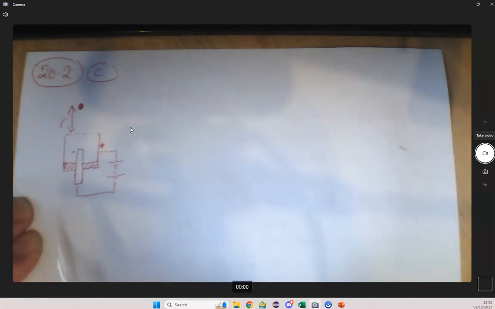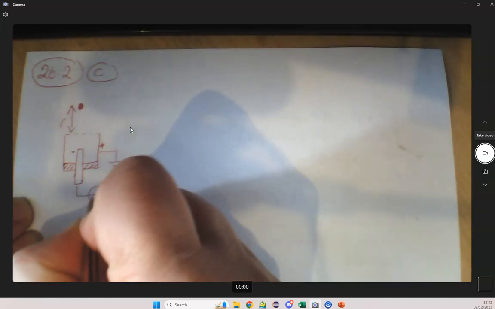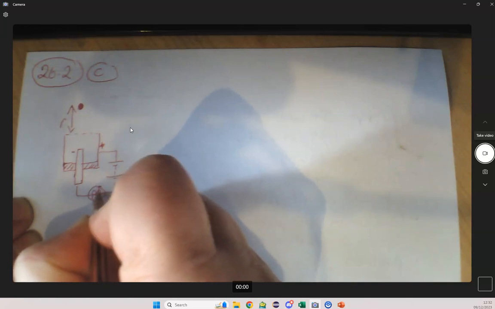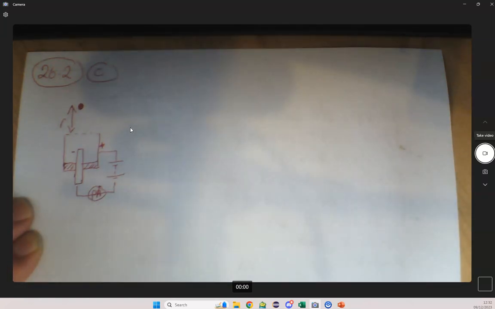And around from there then it's linked up to a battery. So this place is going to be positive, this piece is going to be negative based upon the arrangement of the battery. Oh, and I should have had in here some form of picoammeter, so basically a very, very, very sensitive ammeter.